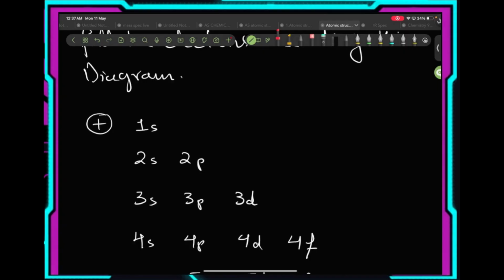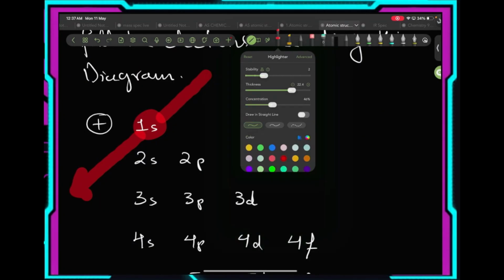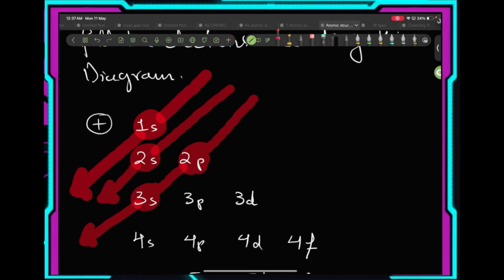So in order to fill them in order, just draw diagonal lines starting from 1s. First the electron goes into 1s. After 1s is completely filled, you move on to 2s, then you move on to 2p, and after 2p you're filling 3s, and then you move on, right?